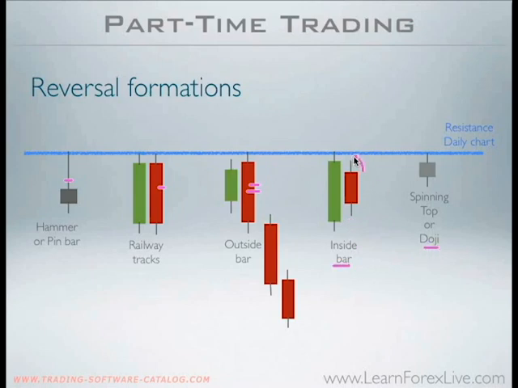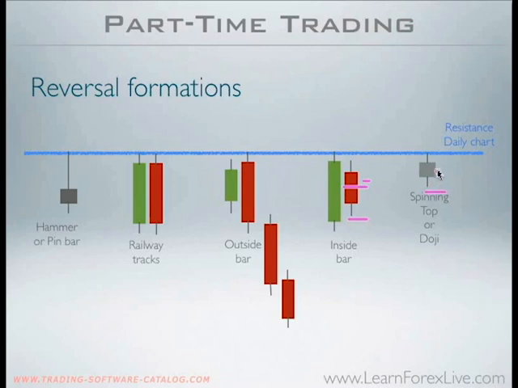Why is that? Well, because this second bar is usually much smaller than these ones here, and therefore you may not quite have enough room. If you place your stop loss at the 50% or 5 pips above the 50% range, it may be a little bit too close to your entry level, which by the way is still going to be placed 5 pips below the low of those candles.